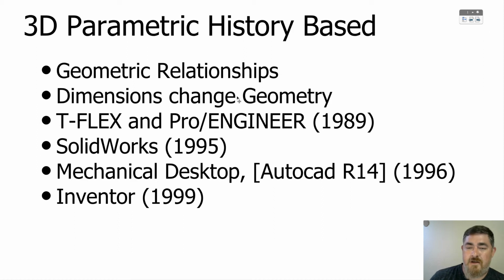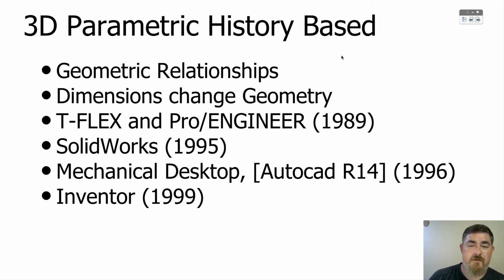So now we're not stuck having to draw everything the perfect size to start out with. Now we can go in, draw it, and if we want to make changes, we can just change the number and the item changes. And so that's the history-based part, because how it's built kind of sets the rules for how it's going to change when you change a dimension.